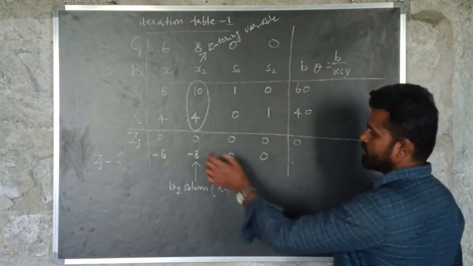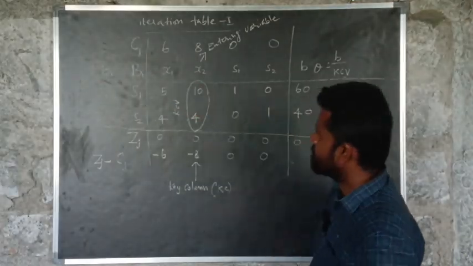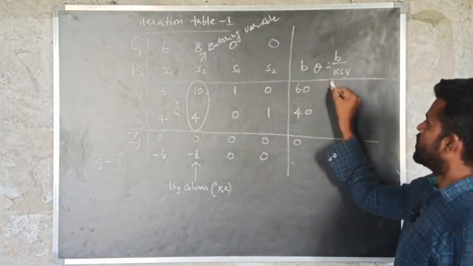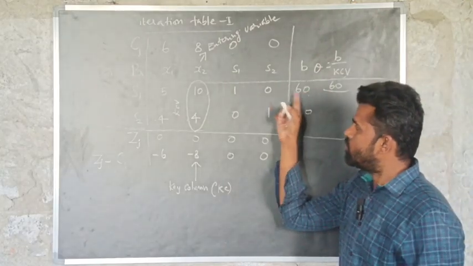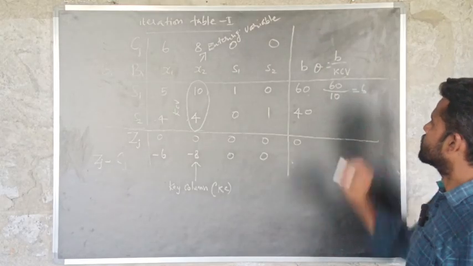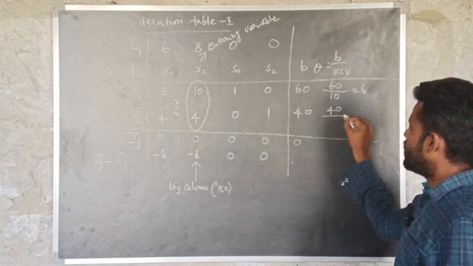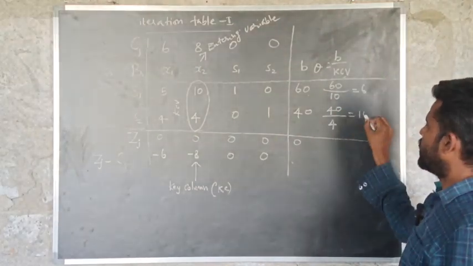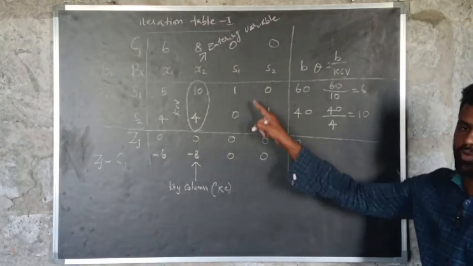So for the first row, S1 row, the quantity is 60 divided by the key column value 10. So 60 by 10 is 6. Similarly for the second row, 40 is the quantity divided by key column value 4, which is 10. So we found the ratio for each row.